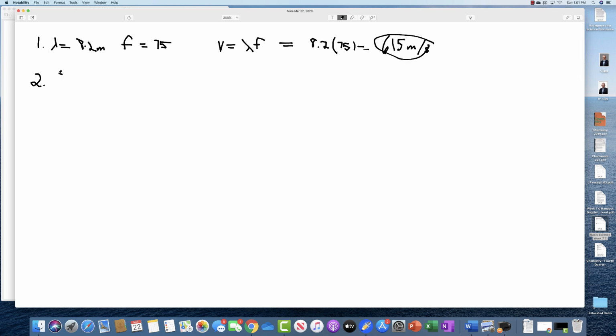The frequency is 5.3 times 10 to the 5th hertz, and the velocity is 3 times 10 to the 8th.